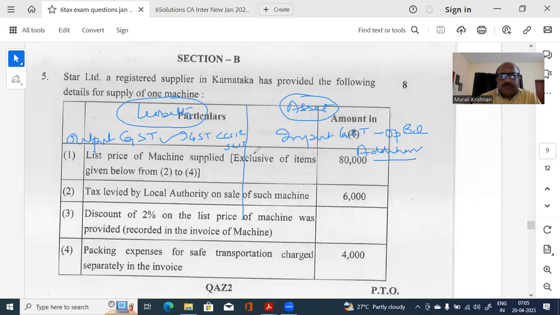Mind you, we have to keep that separately, here also the same. Maintain it separately. First, based on the sale, we have to calculate the total output GST.